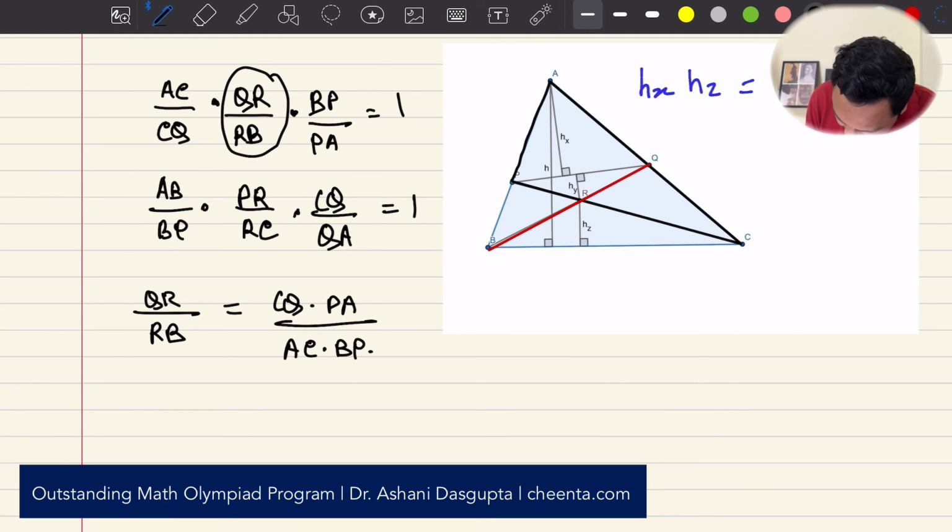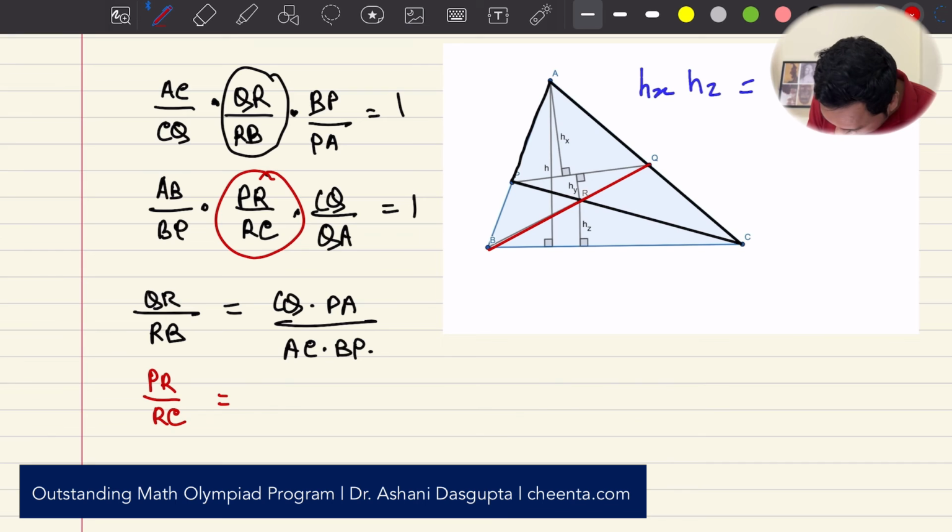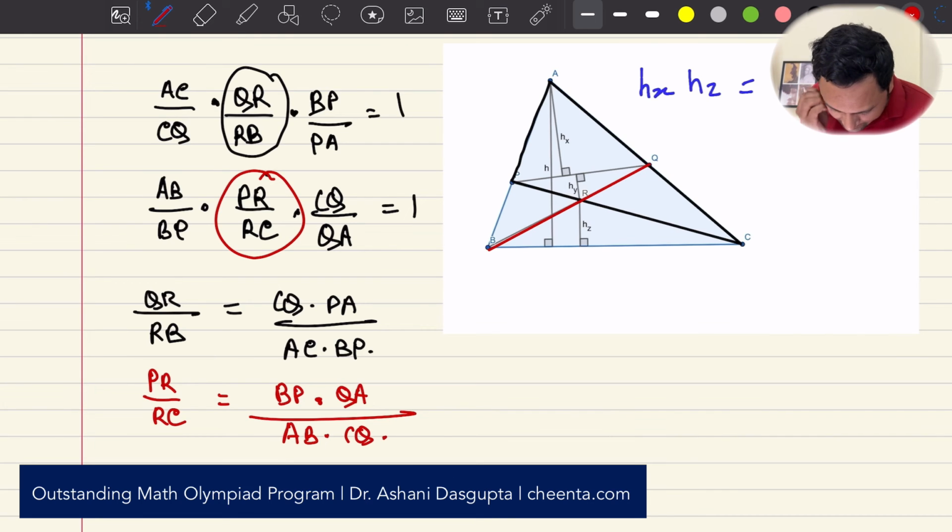And similarly, we have PR by RC, this is equal to BP times QA divided by AB times CQ. Why did I take these two?